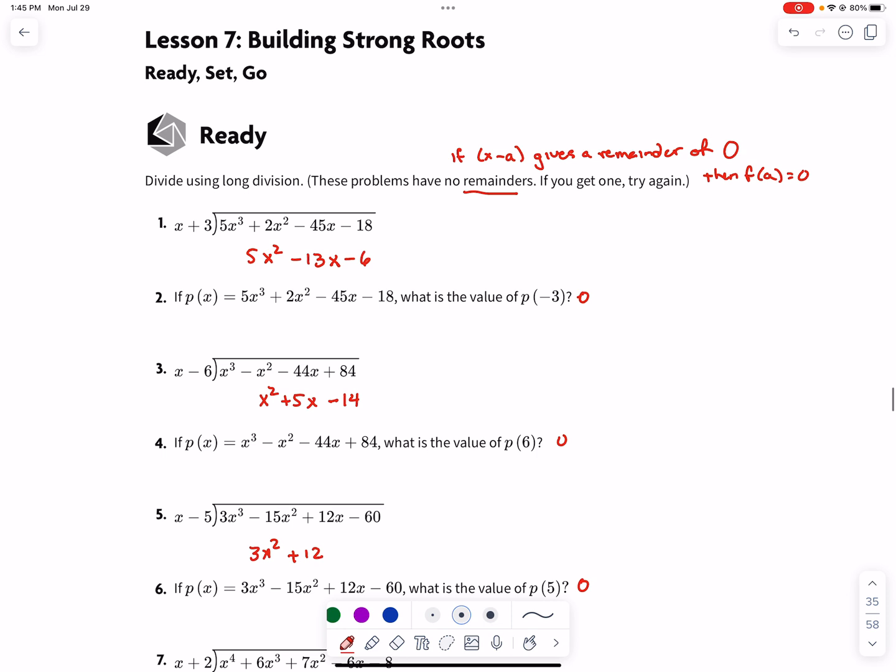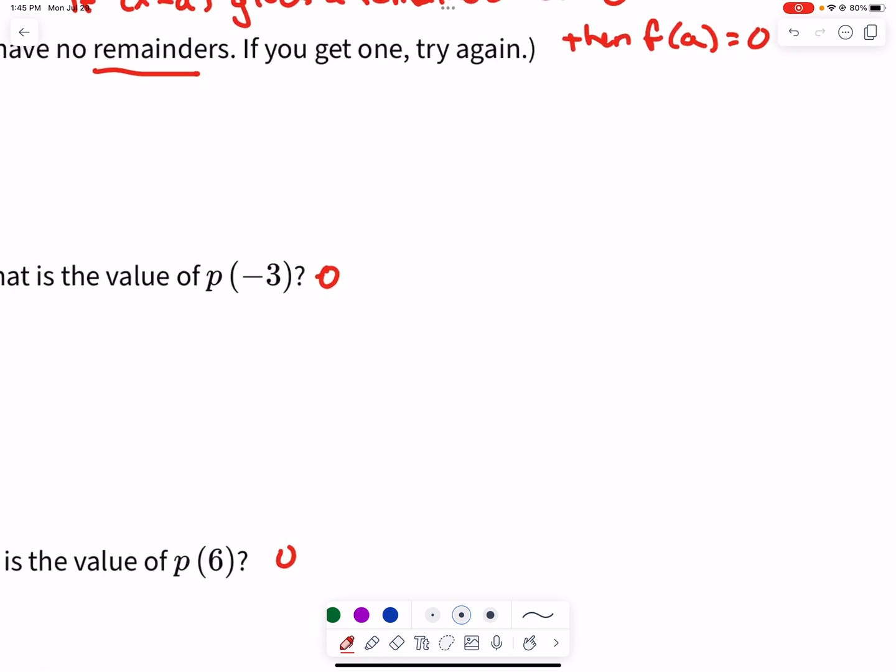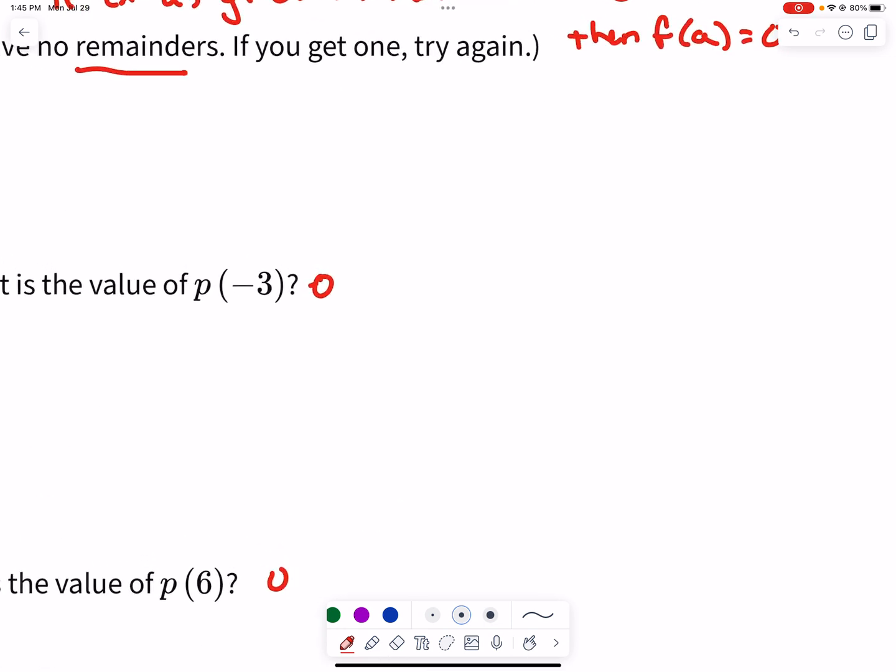Again, skip ahead unless you want to see the long divisions. I'm going to do them with small pen.